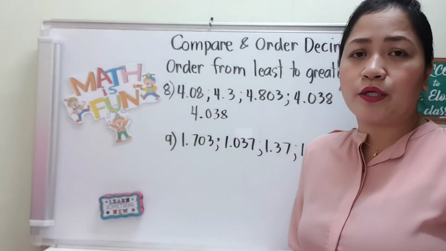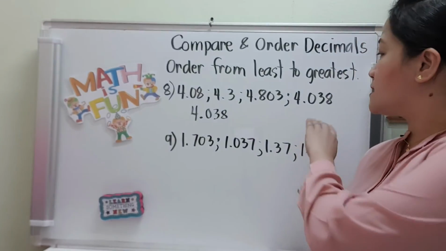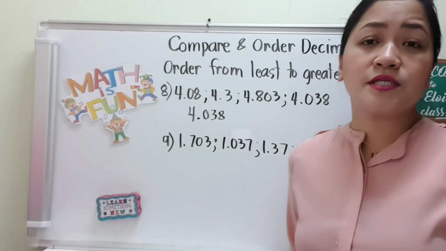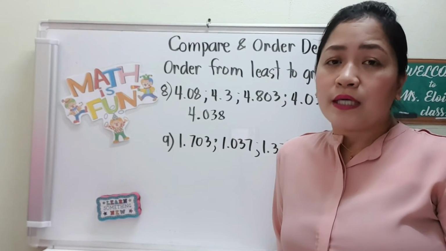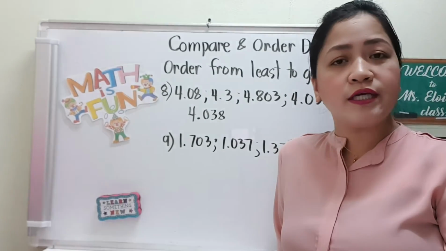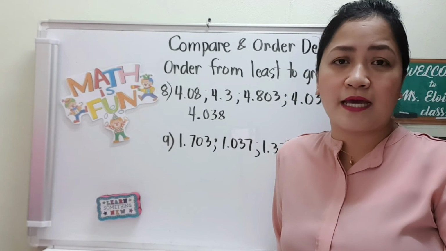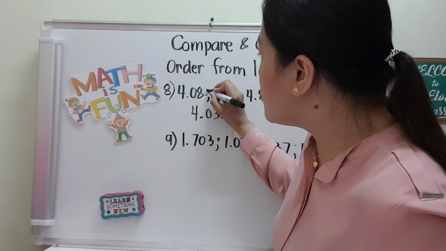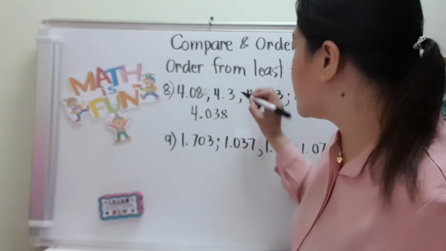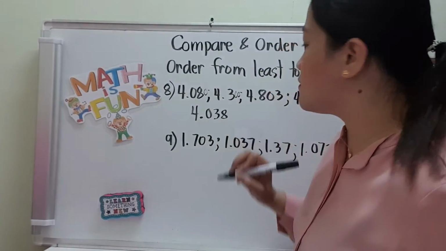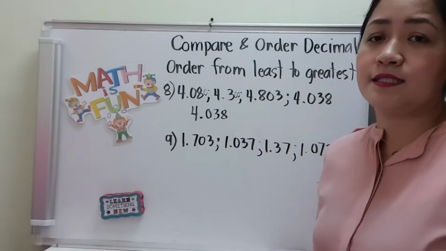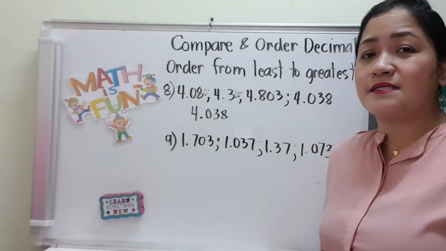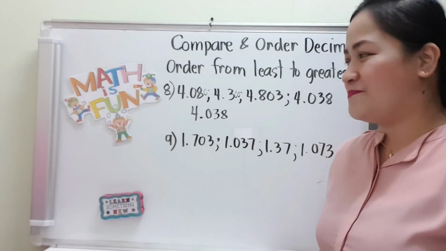Now, you might wonder why it's the least number since it has 3 decimal places. So just like what I have told you, it's easier to compare or order decimals if they have the same decimal places. So if we put 2 zeros here to make 3 decimal places, and all the others have 3 decimal places, then you can know that 38 thousandths is the least number.